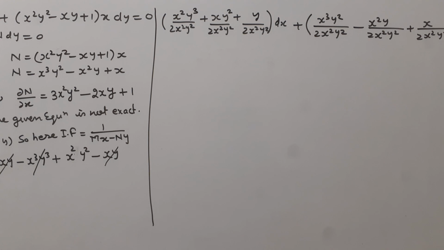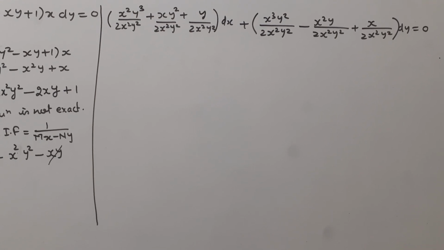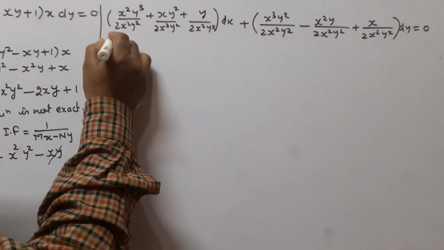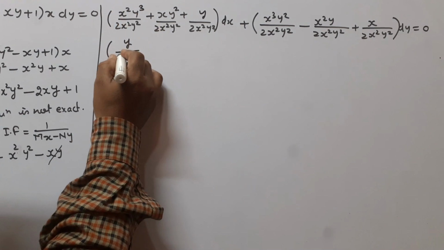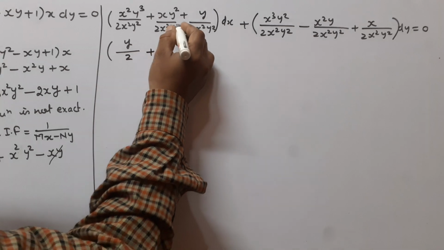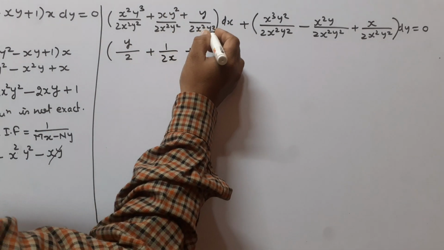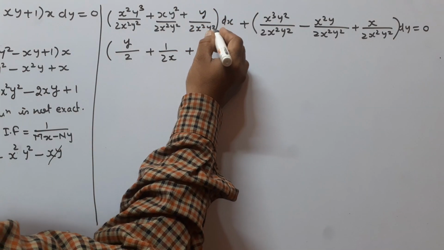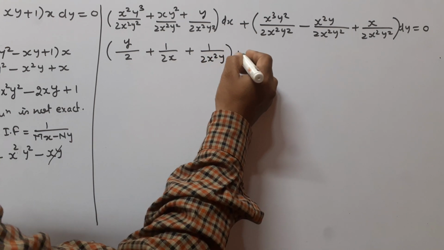In the above given differential equation, we multiply the whole equation by 1 upon 2x square y square, that is the integrating factor. Solving this, we get here y, this x square cancelled by this, and y upon 2 plus, here this y square cancelled by this y square, we get 1 upon 2x, and in this term we cancel out this square by y, so we get 1 upon 2x square y dx.